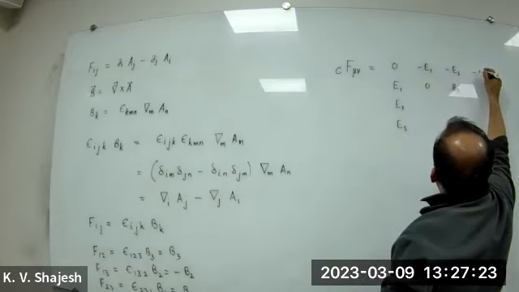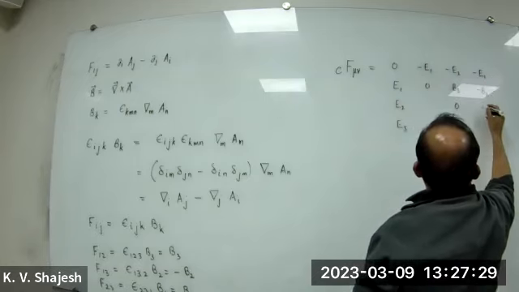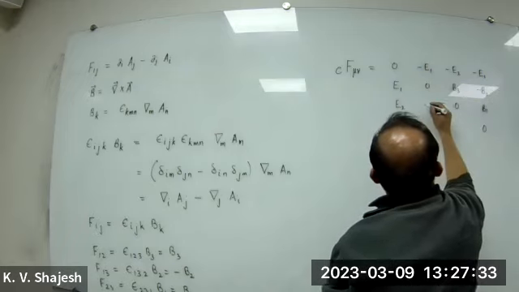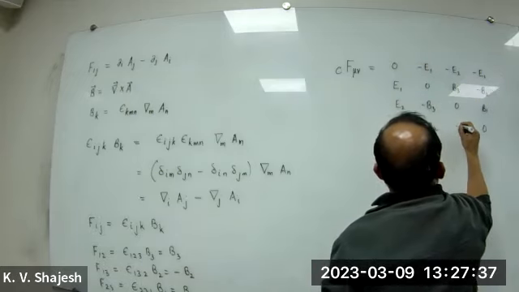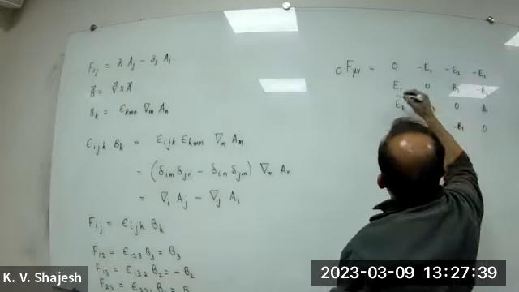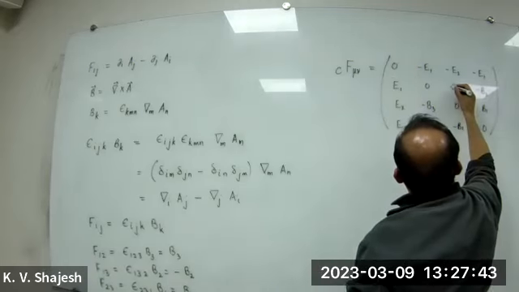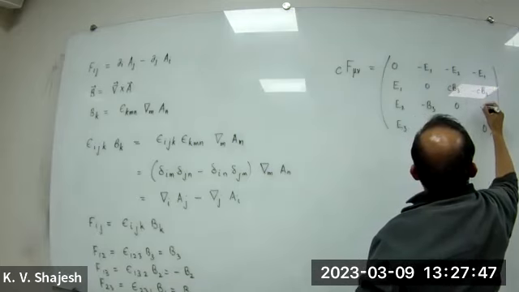This is equal to minus E1, minus B2. That's 0. And then that is B1. That's 0. And this is minus B3, B2, minus B1. That's your F mu nu. Oh, so there should be a C there. C here, C, minus C.